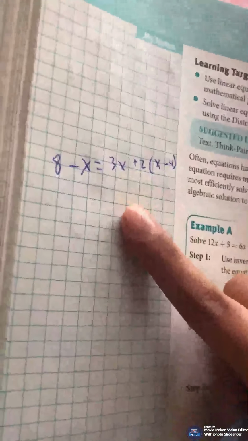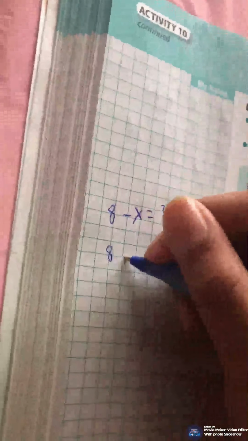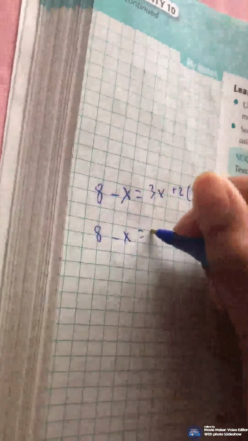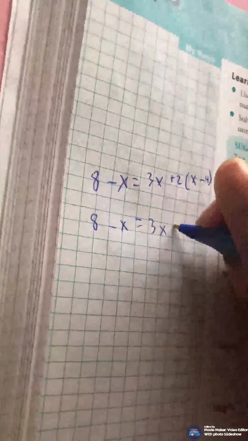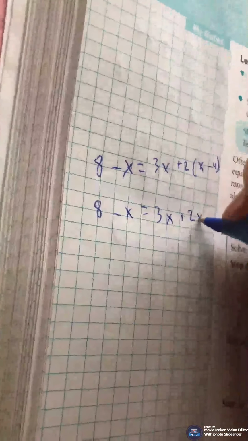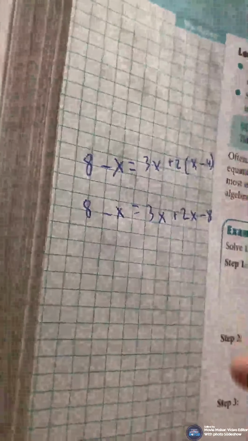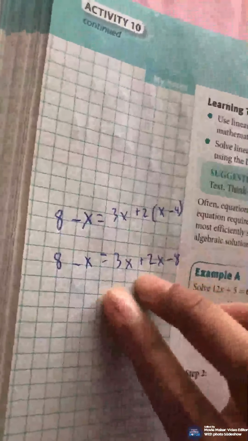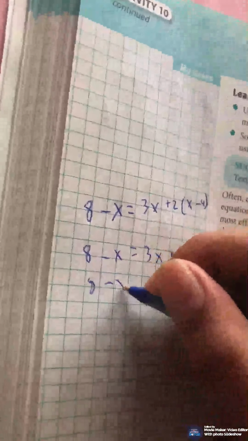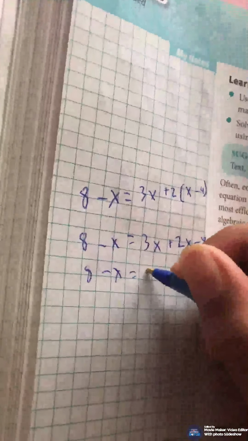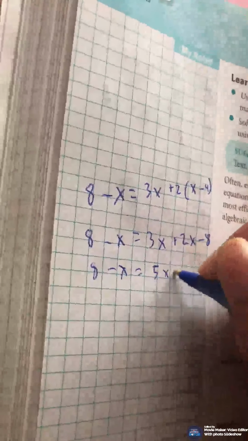So then that would give us 8 subtract x equals 3x plus 2x subtract 8. Then we have to combine like terms, which are these two. That will give us 8 subtract x equals 5x subtract 8.